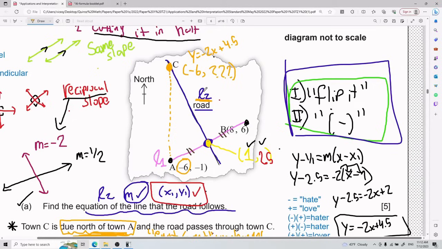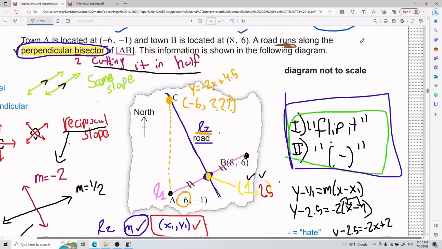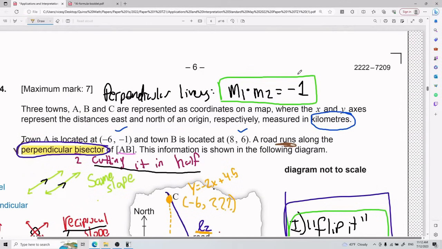All right, cool. So I'm going to go ahead and plug in -6. I'm kind of running out of space, but I think I can do it up here. So I'm going to plug in -6 into this equation. I end up with y equals -2 times -6 plus 4.5.